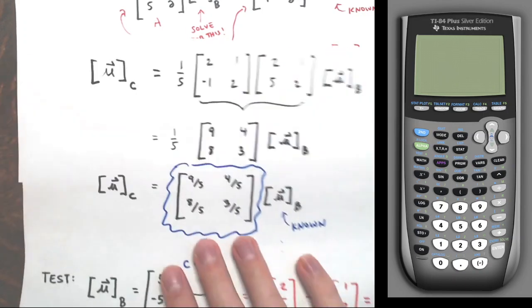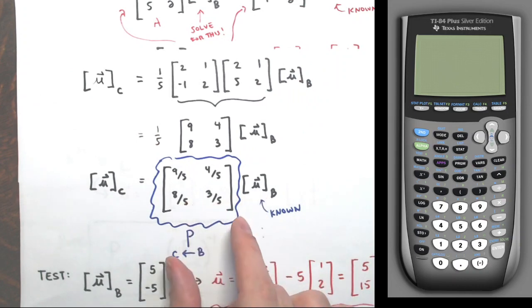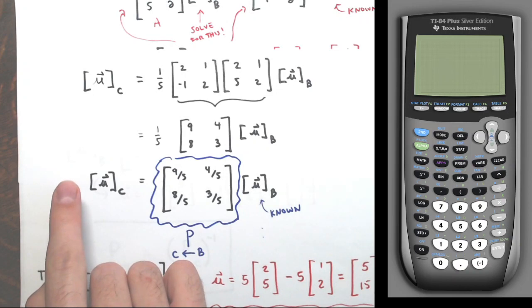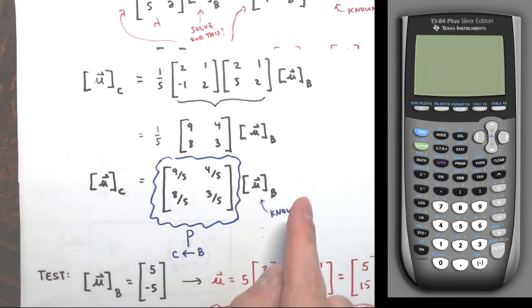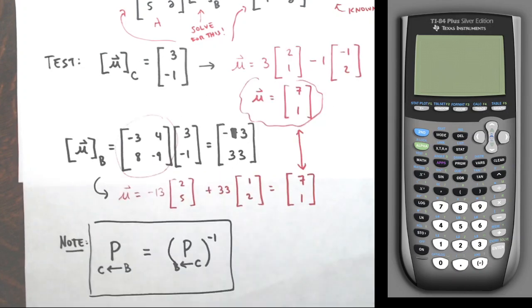If you were to solve for the coordinates with respect to B, you would find the inverse, and the inverse of this matrix would go on the left here, and then that would be the transition from C to B. So the inverse of the transition from B to C is the transition from C to B, and vice versa. Lots of stuff going on there.